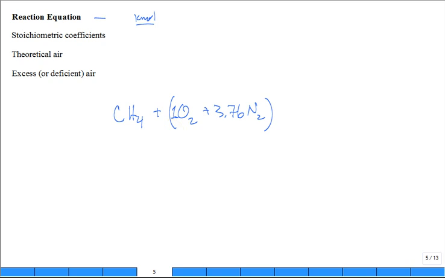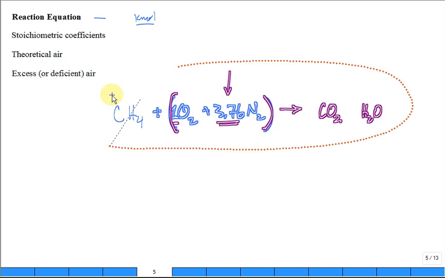So for every 1 of the O2, I know that I have to bring along, so put it in a parenthesis, 3.76 kilomoles of N2. It's going to go to complete combustion. All the carbon's going to end up in carbon dioxide, and all the hydrogen will end up in H2O. I didn't leave enough room over here, so let me just move it over so it looks pretty.